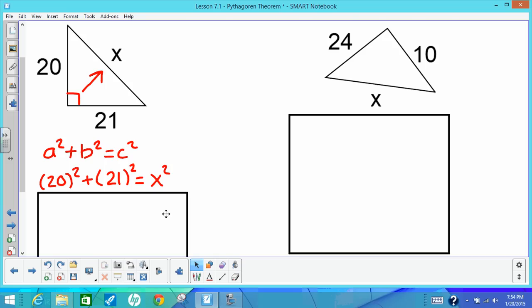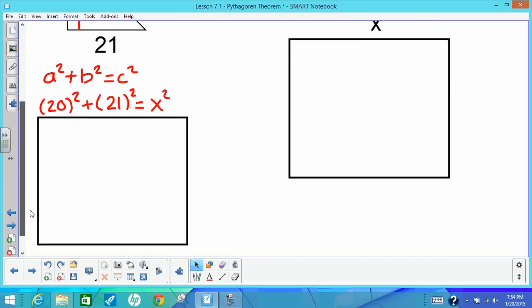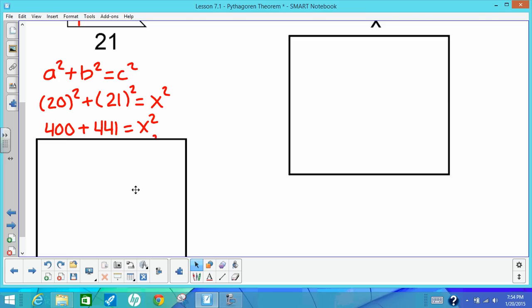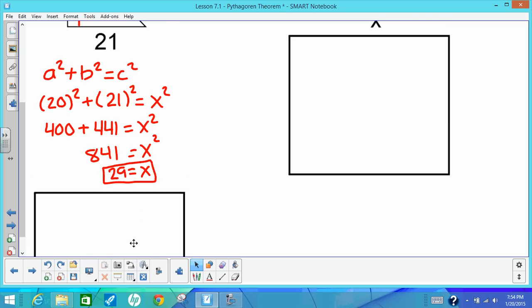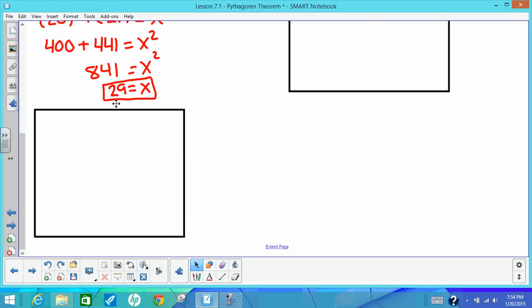I'm going to plug in my two legs, and x is the hypotenuse. I simplify. I keep simplifying. I take the square root of both sides. The square root of 841 comes out nice and neat, so we get that the hypotenuse length is 29.